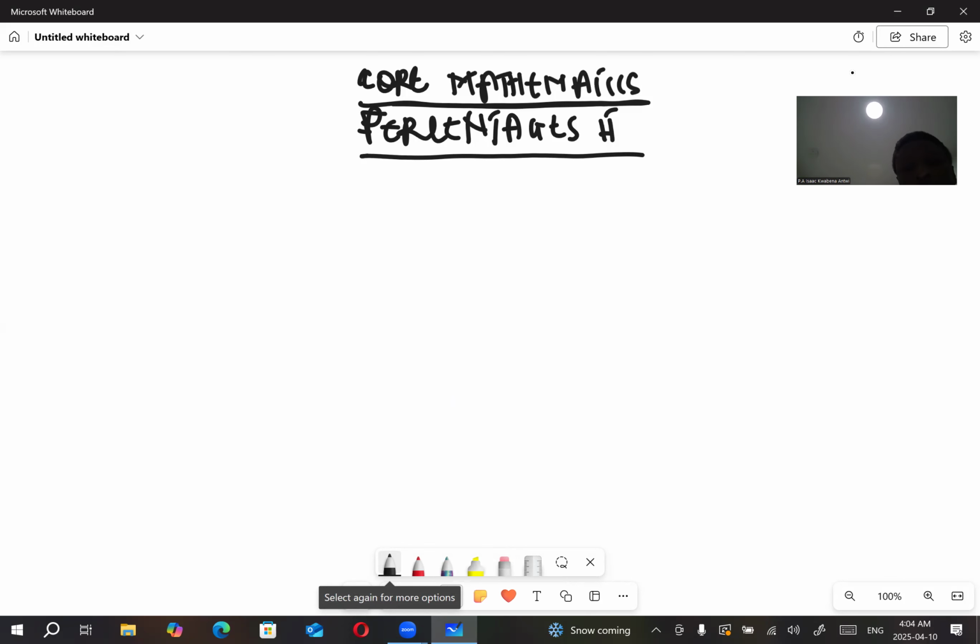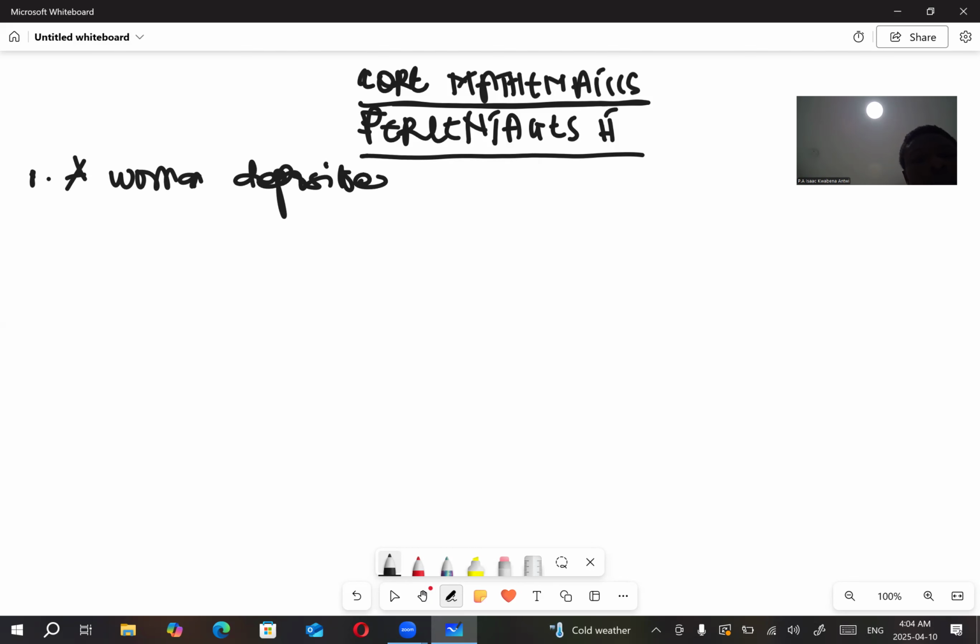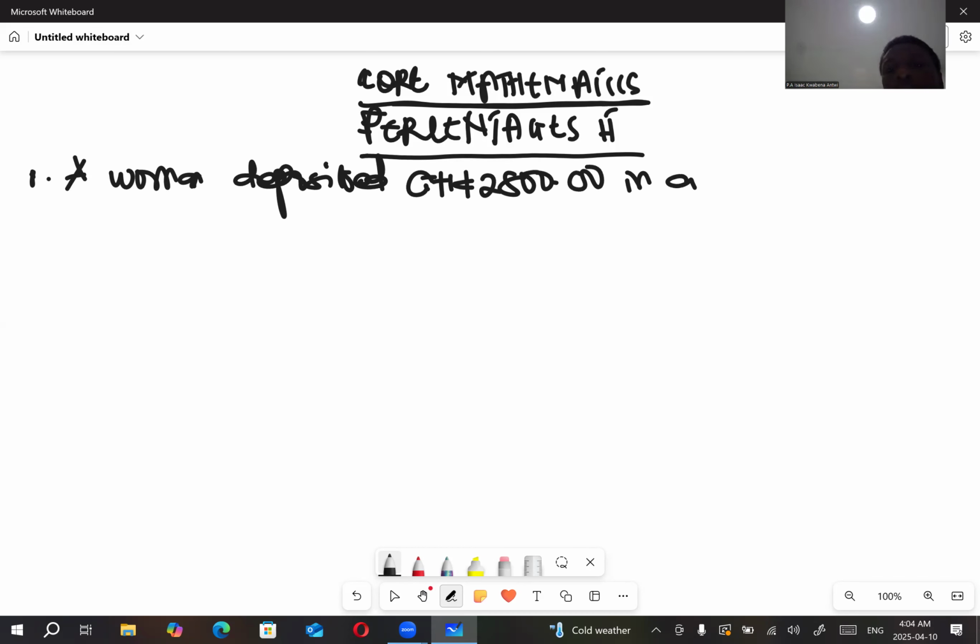So this very question reads: a woman deposited 2,800 in a bank at 20% per annum compound interest.